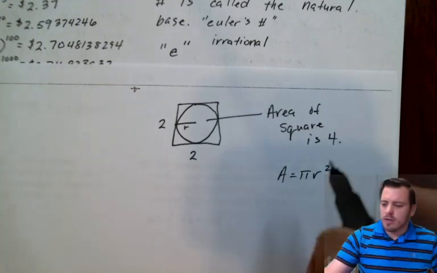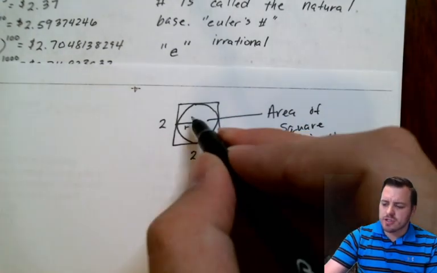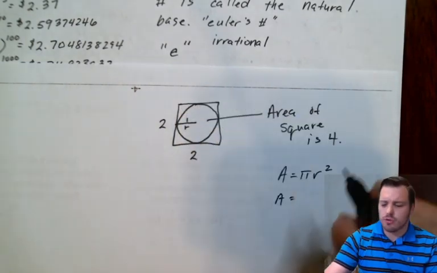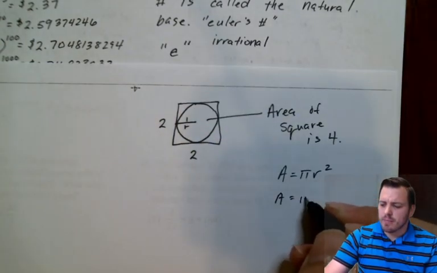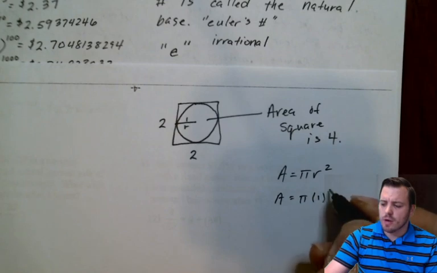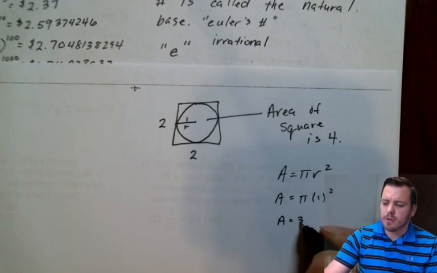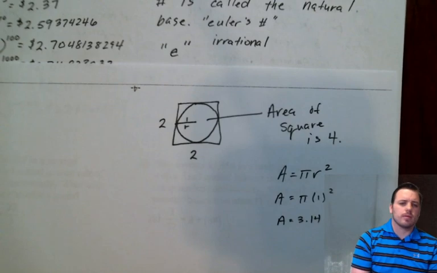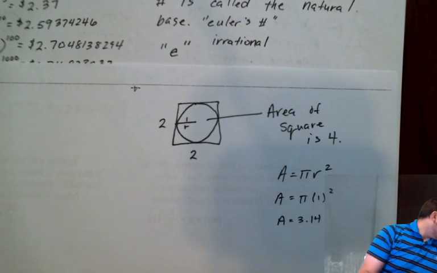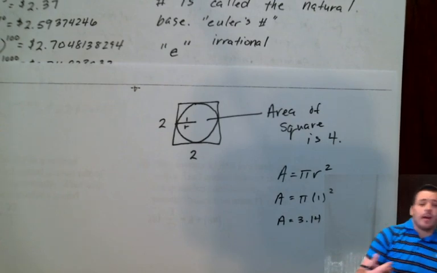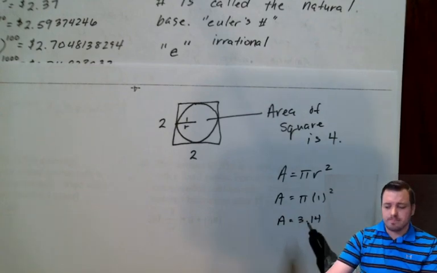Yeah, very good. The radius is just 1 here, since that whole thing is 2. So that would just be pi times 1 squared, which is just 1. So the area is 3.14. Yeah, so the area of the circle is 3.14.